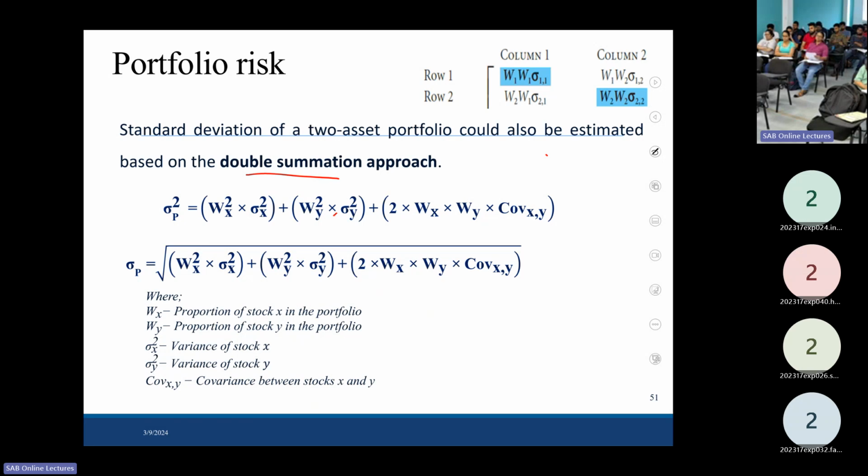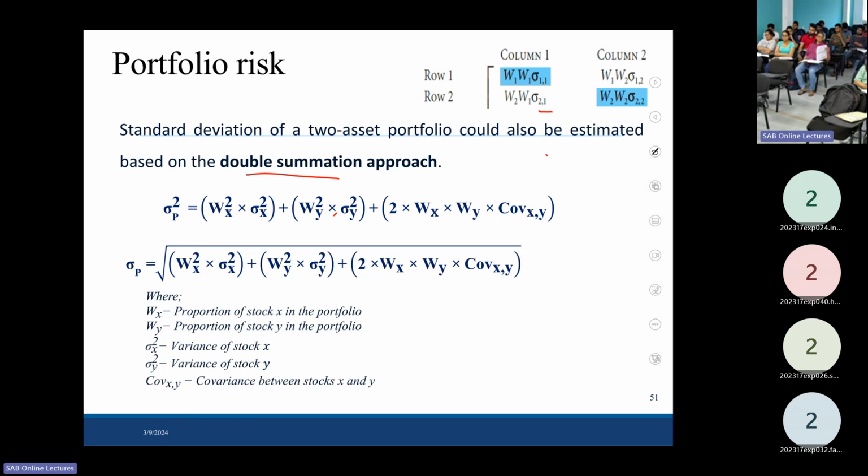So you can see here weight 1, weight 1, this is the standard deviation of stock 1. This is weight 2, standard deviation of stock 2. Here you can see weight of stock 2, weight of stock 1, covariance between 2 and 1.